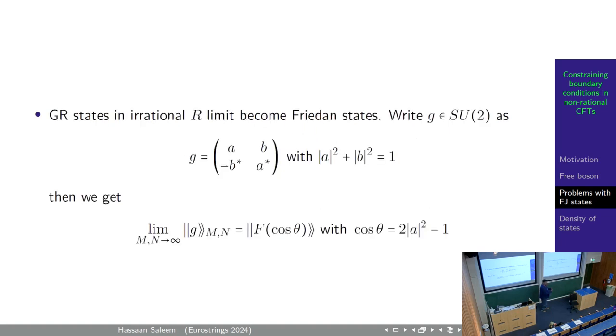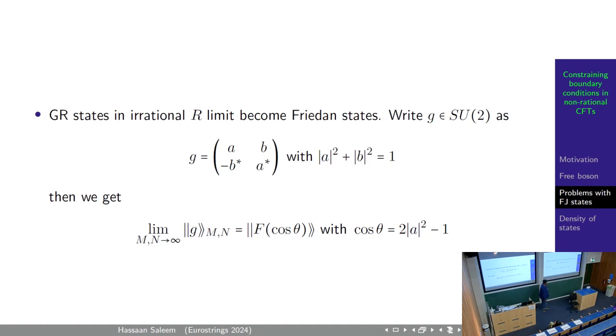Okay, and what is the correspondence between the boundary states? Well, since Recknagel-Gaberdiel boundary states were labeled by g, which is a member of SU(2), you can write a general SU(2) element like that with A and B being complex numbers. You can write down the correspondence between A and theta, which actually labels the Friedan boundary states.